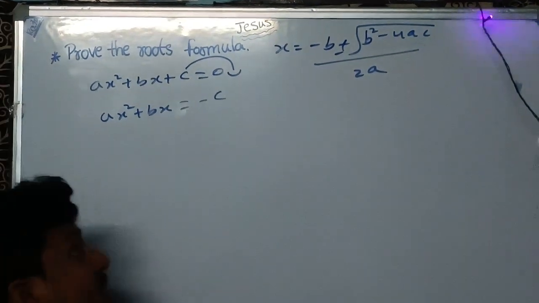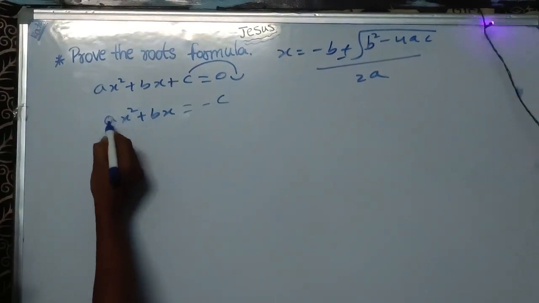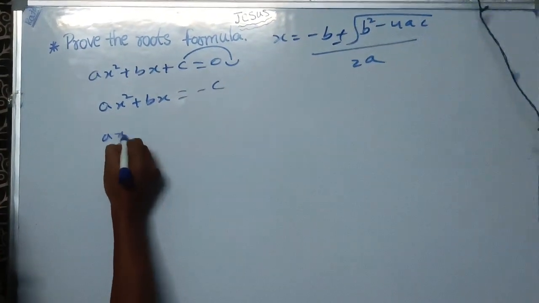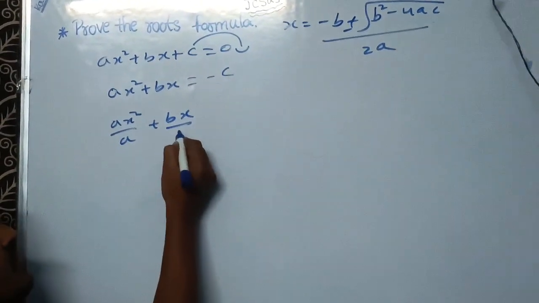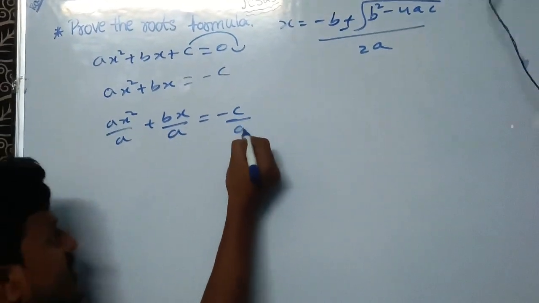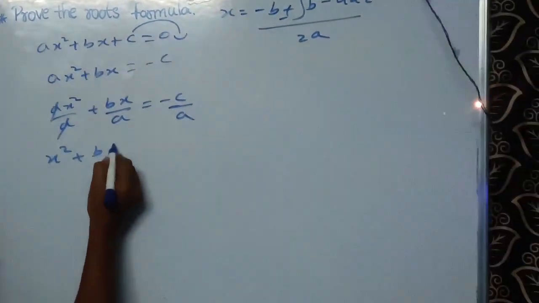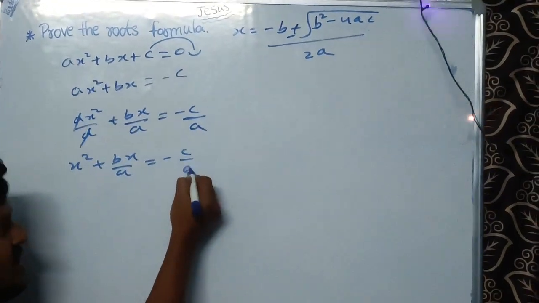The first variable should be only x square, so what is the extra number? Divide the equation by a. ax square by a, bx by a is equal to minus c by a. a will be cancelled. x square plus bx by a is equal to minus c by a.